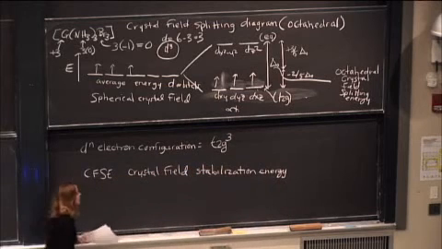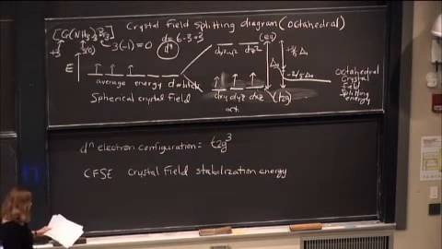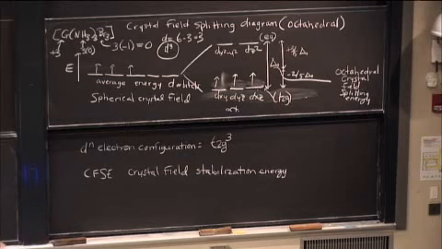It's not the crystal field splitting energy, it's the stabilization energy, which indicates how much those electrons are stabilized by being in an octahedral field rather than this hypothetical spherical crystal field.